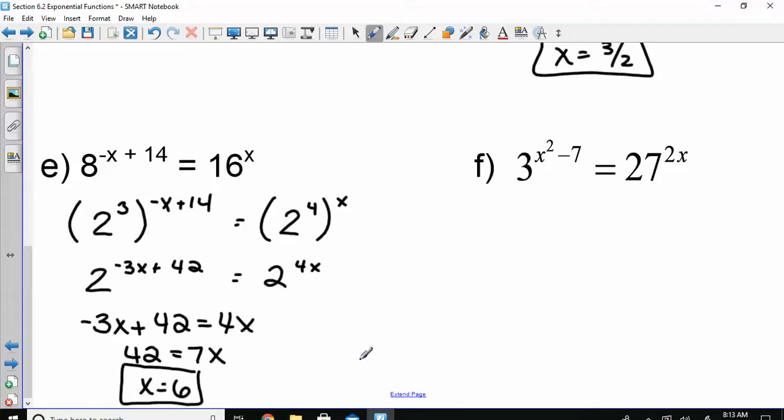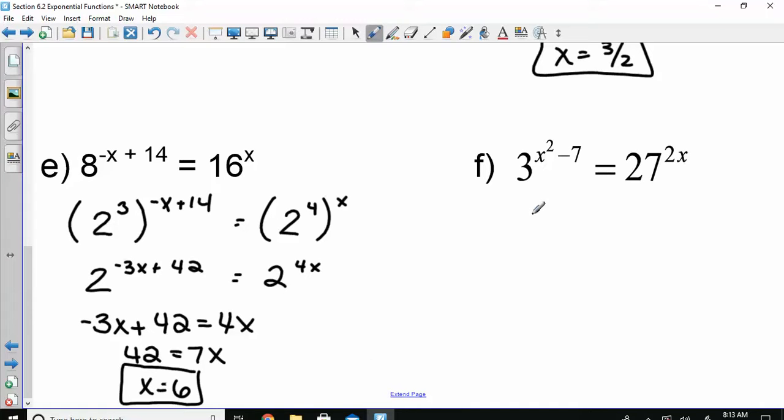F. 3 to the x squared minus 7 equals 27 to the 2x. What will my common base be? 3.